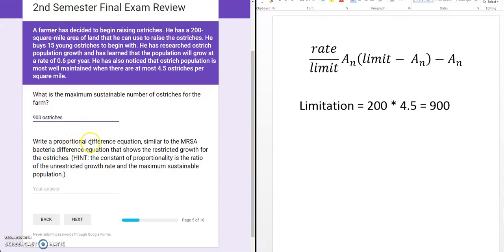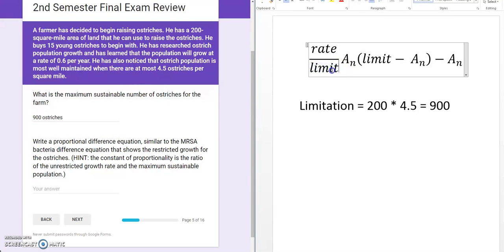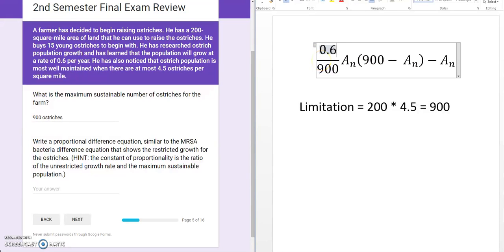Now write a proportional difference equation for this example. I put it up here in general. We have the rate divided by the limit. Well, we just found the limit, so we can change the limit. And the only other thing that changes is the rate. The rate here says 0.6 per year.